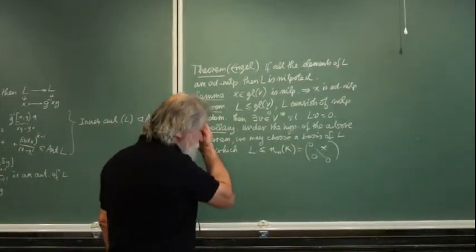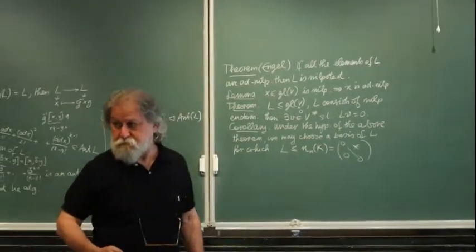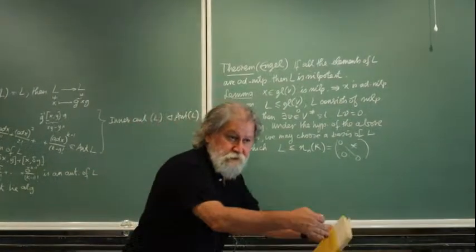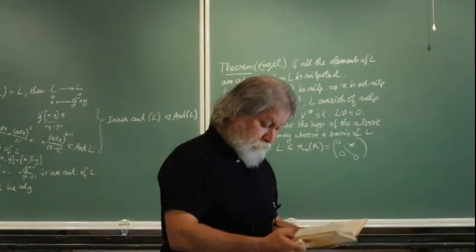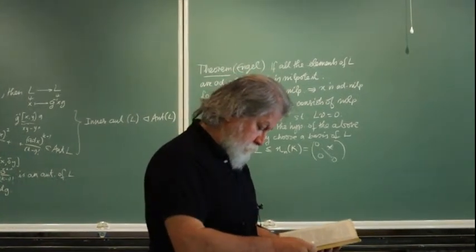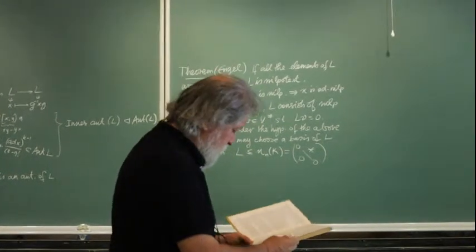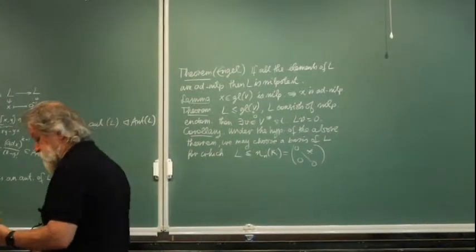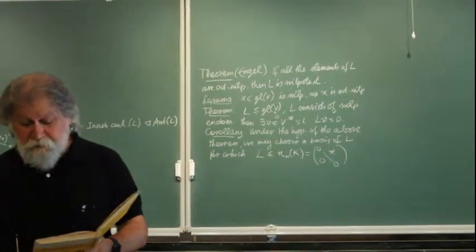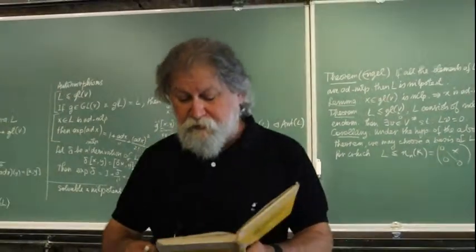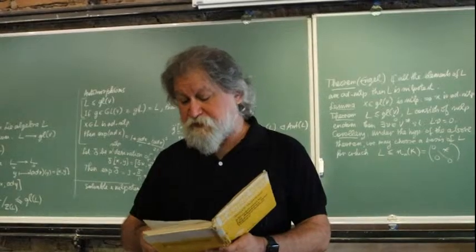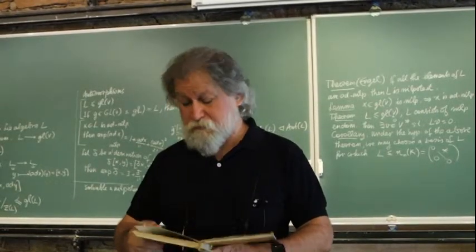In other words, there's a flag, so the elements of L decrease the flag. There's also a lemma here, but I won't write it: if L is nilpotent, then any non-zero ideal intersects the center, like in groups.